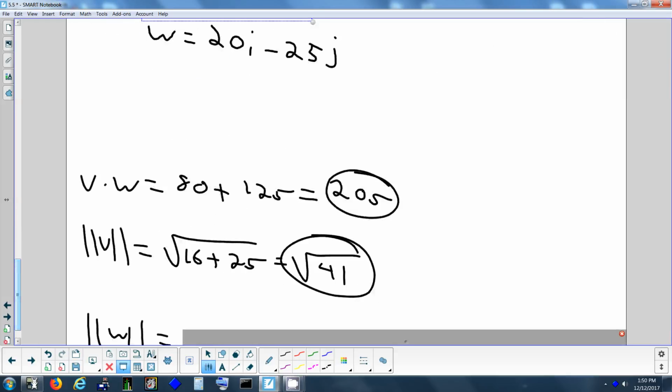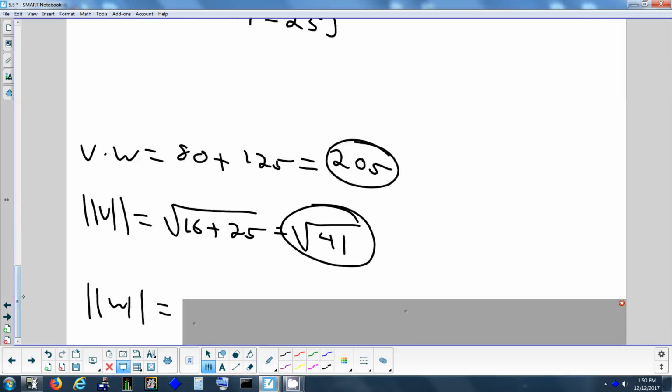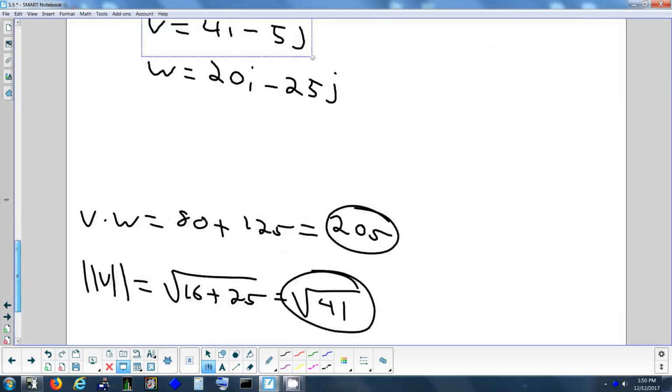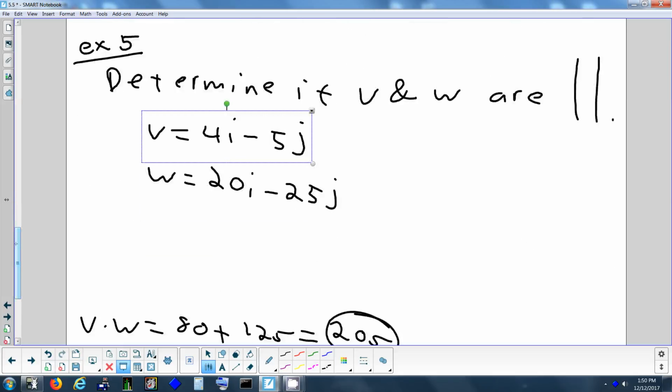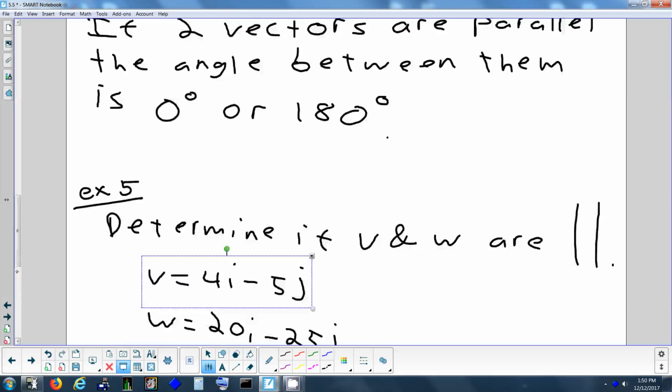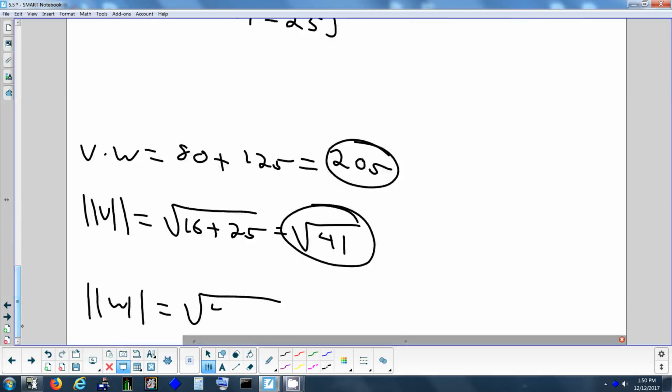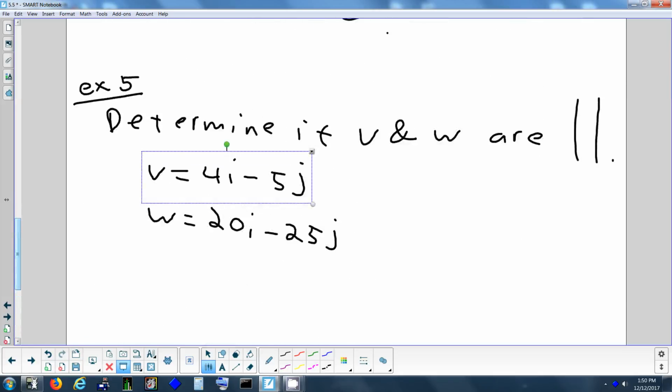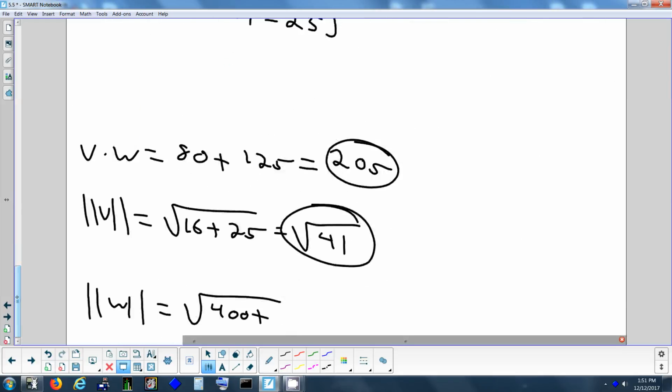And the magnitude of w: 20 squared is 400, plus negative 25 squared, which is 625. So that's the square root of how much? 1025.